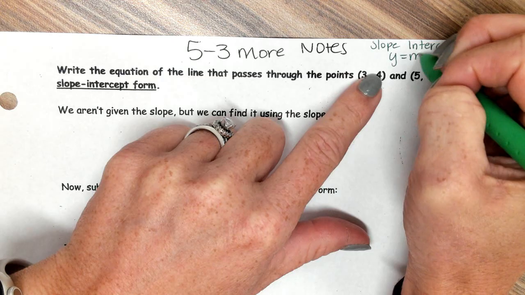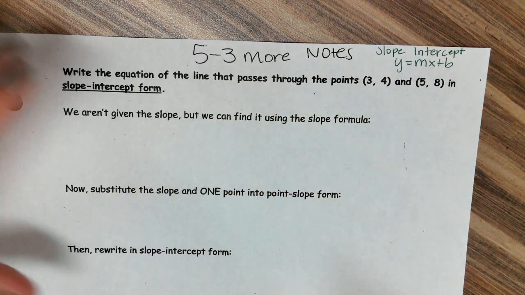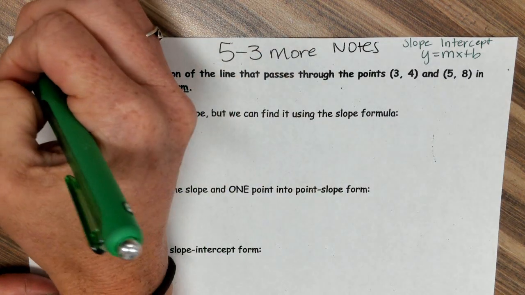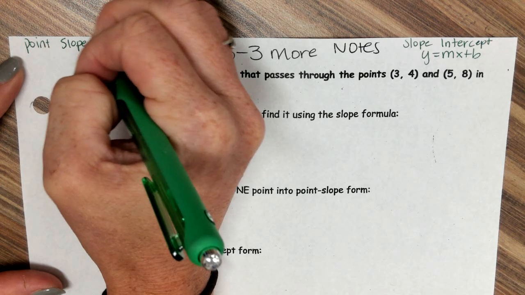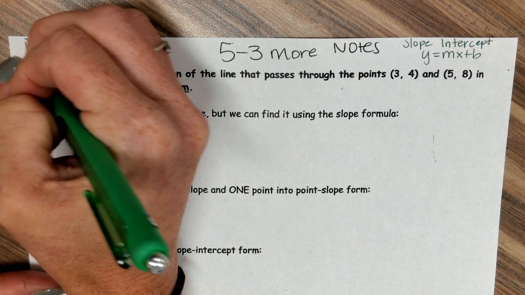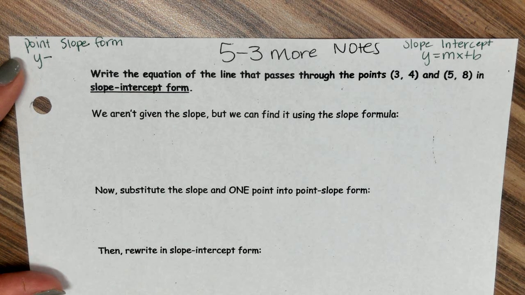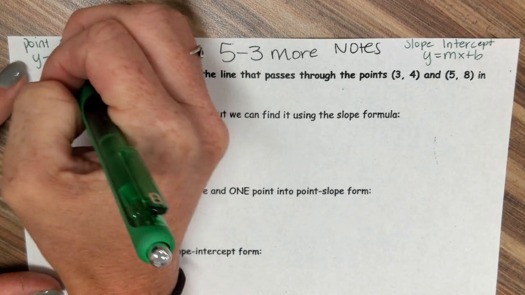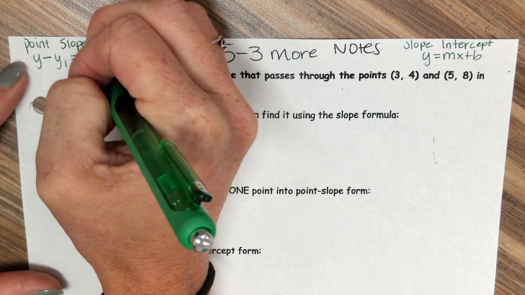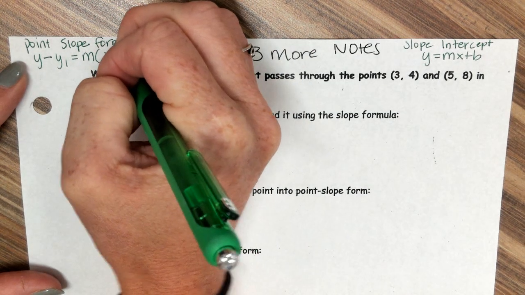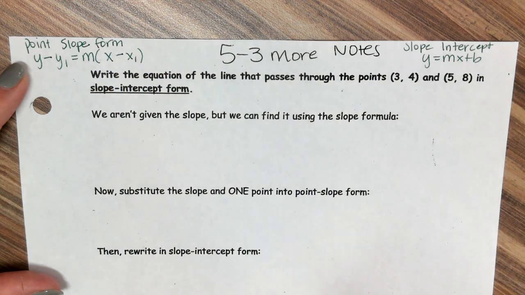Y equals mx plus b. Okay, and then over here, what is point-slope form? Does anybody have it memorized? Y minus y1 equals m, the slope, open parentheses, x minus x1.